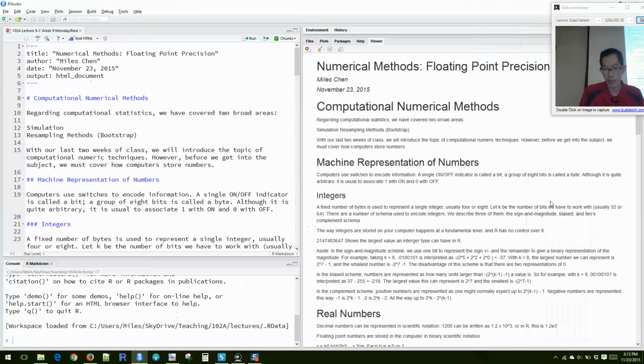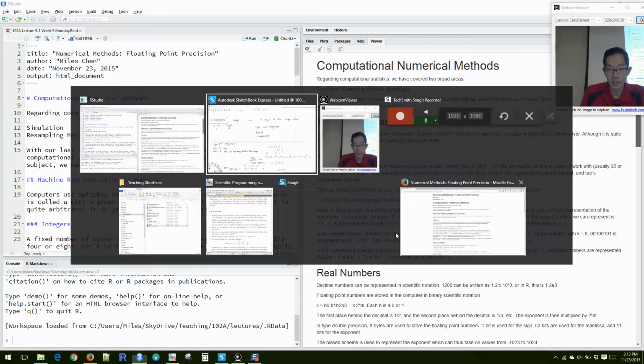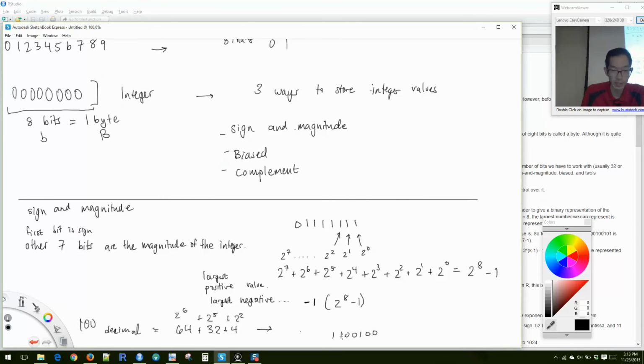This is what we have with 8 bits, and if you want even bigger numbers, you can have 32-bit integers or 64-bit integers, things like that, and you can just have much bigger or smaller numbers.